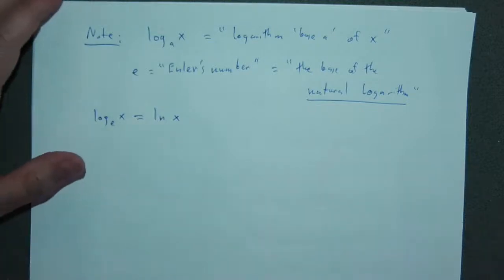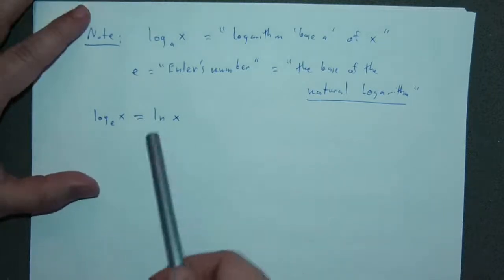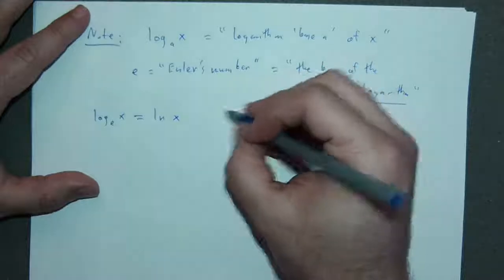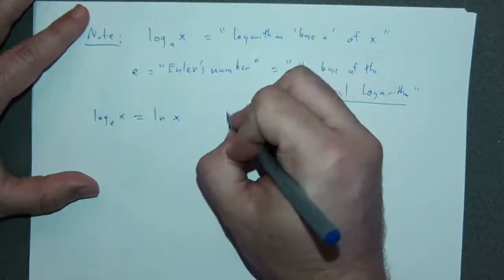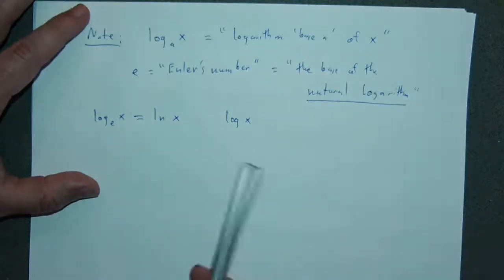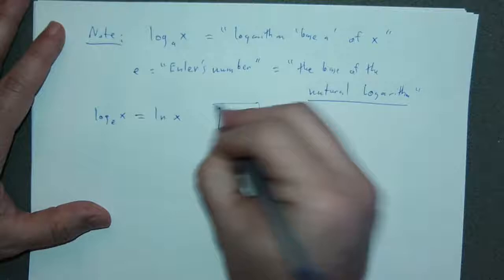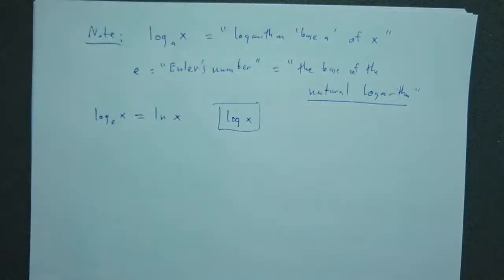Once your math studies progress past the 100 and 200 level math courses, we don't use ln anymore, we just say log x. And when we say log x, we mean the natural log, because the natural log is by far the most natural choice of a logarithm.